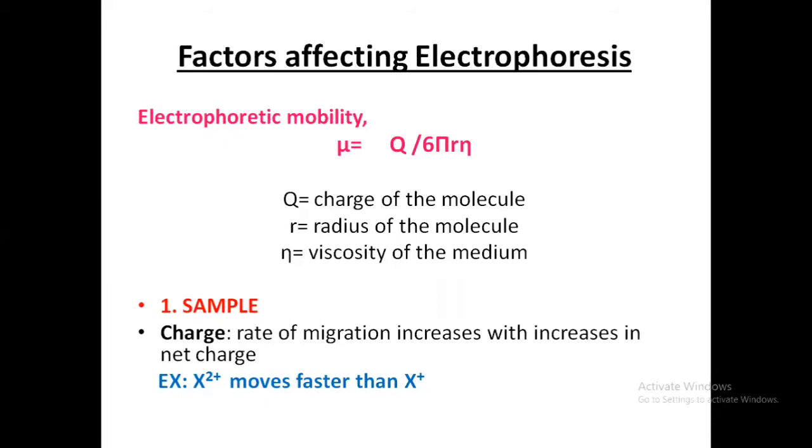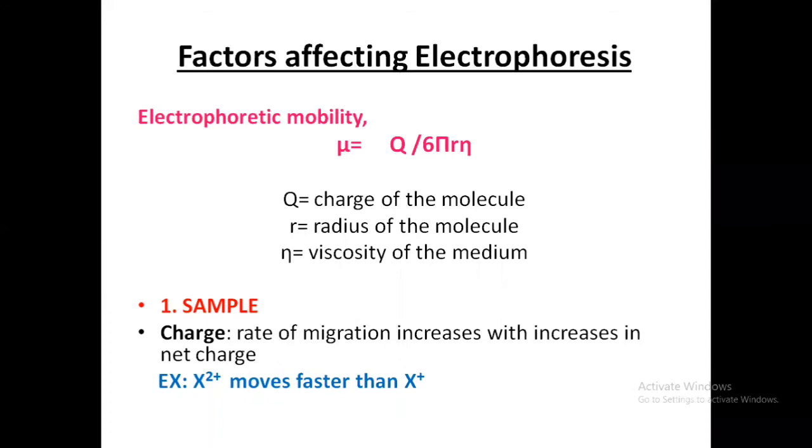The reason is calcium has net charge 2 plus, but sodium has only plus 1. That is the example. If the net charge is more, automatically the migration rate also will increase. You see here, X2+ will move faster than X+. Why is X2+ moving faster? Because it has net charge 2 plus. That is the reason it is moving faster when compared with X+.